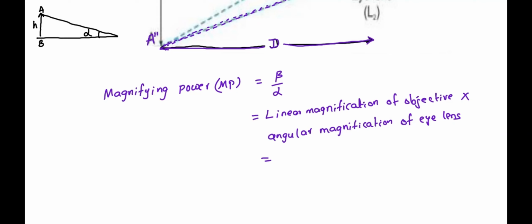So we can write m0 into me. M0 is nothing but v0 by u0, and for me, in the previous simple microscope we have seen D by u. So here we write D by ue, since the eyepiece acts like a simple microscope.